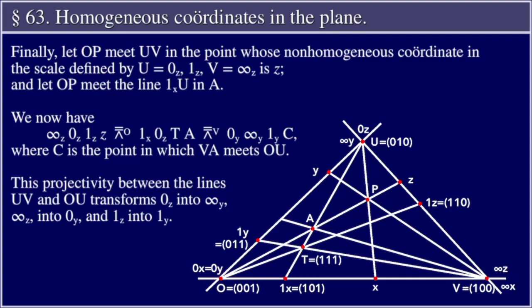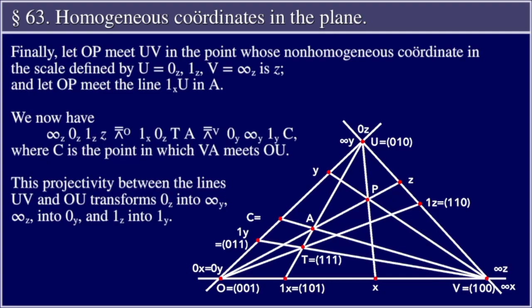We now have ∞_z, 0_z, 1_z, z is perspective with center O to 1_x, 0_z, t A, which is perspective with center V to 0_y, ∞_y, 1_y, c, where c is the point in which VA meets OU.